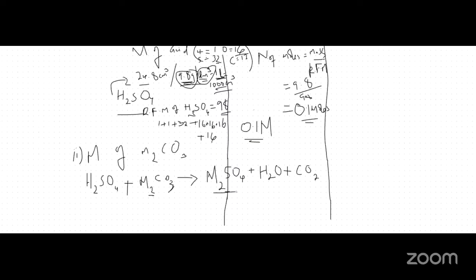So you just count: M2, the M is two here, hydrogen 2. The oxygens are 7. Sulfur is 1:1. Carbonate is 1:1. You can see carbon here. Oxygen is 7. Then when it comes here it is 4, 5, 6, 7. So you see mine is balanced.